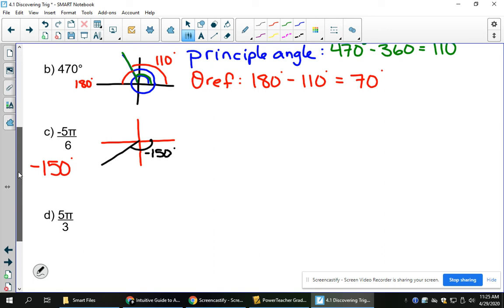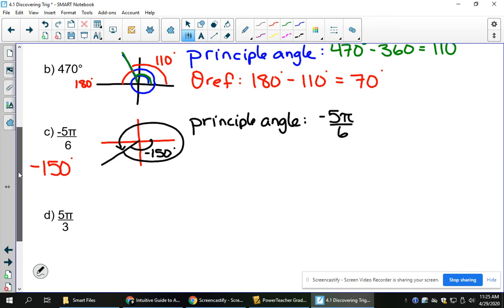Now, to get my principal angle, it needs to be positive. So I basically need to move this around a full circle. So it's right back where it is, but in the positive angle. So my principal angle is going to be negative 5 pi by 6, or 150 degrees, plus a full circle, plus 2 pi.